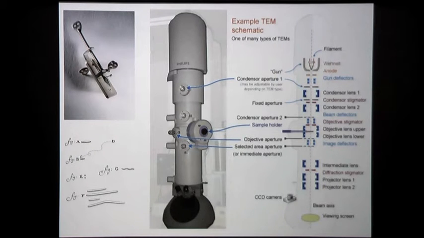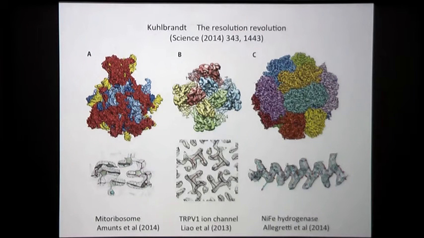So with this kind of microscope, as opposed to this kind of microscope, the state of the art now is that we're essentially producing atomic resolution structures of biological complexes of reasonable size.